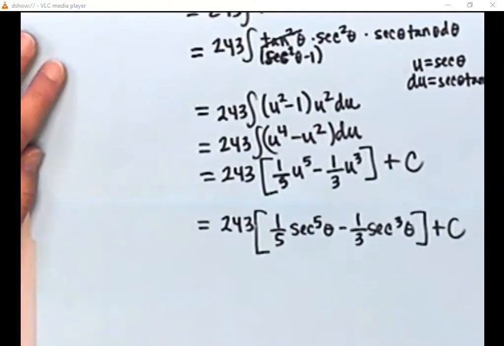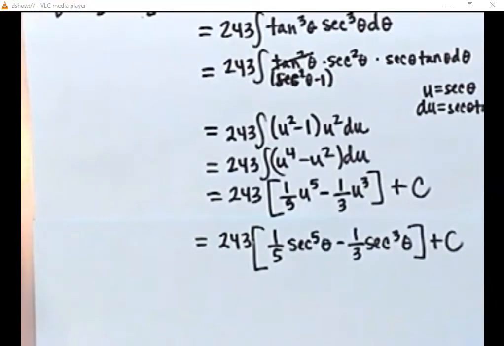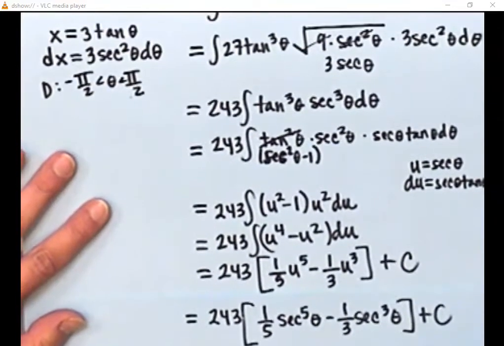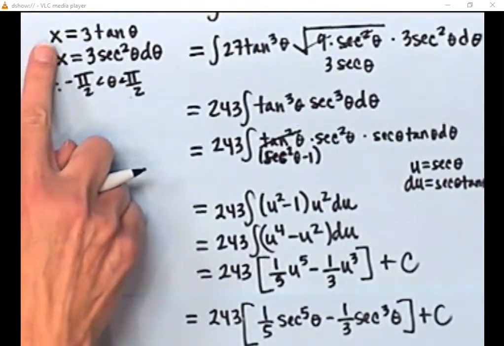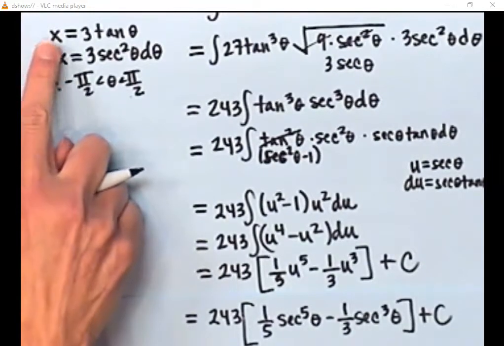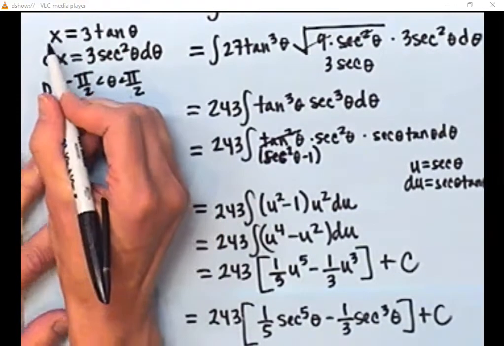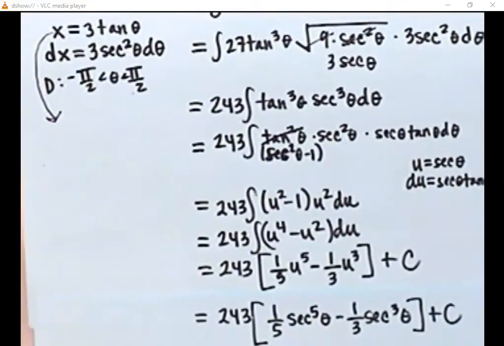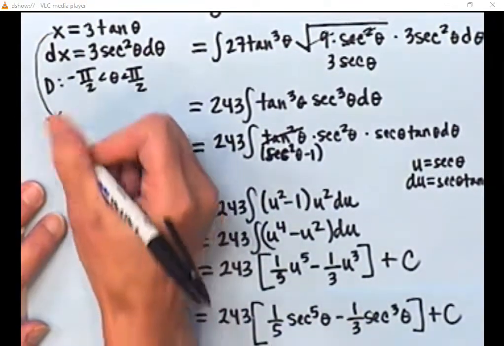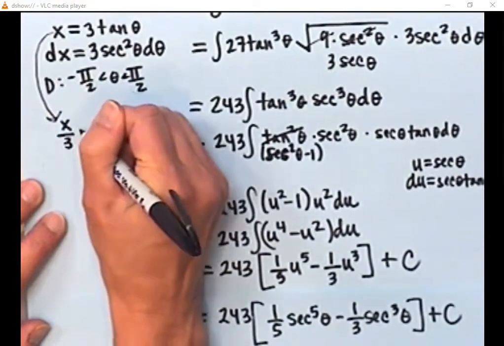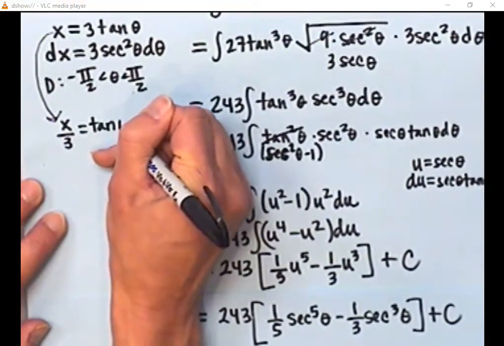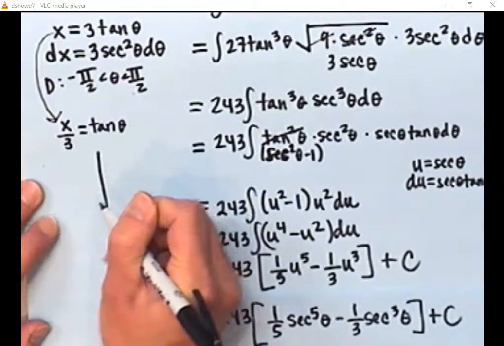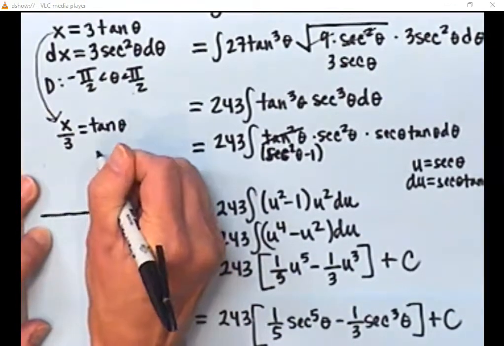Now, how am I going to get back to x? What do I need to go do? Up here I need to draw a triangle, right? What do we know if x equals 3 tangent theta? What is the tangent equal to? Yeah, x over 3, right? And that is opposite over adjacent. So use that to create a right triangle.